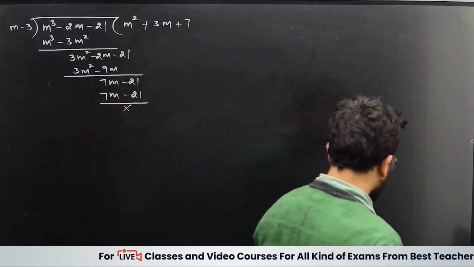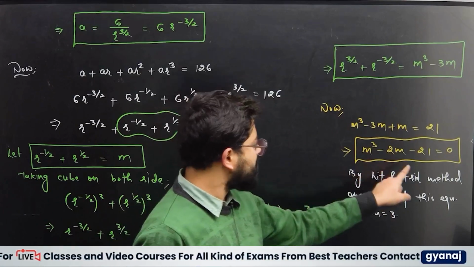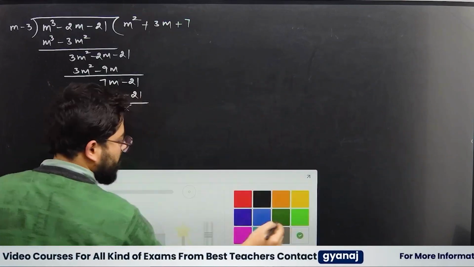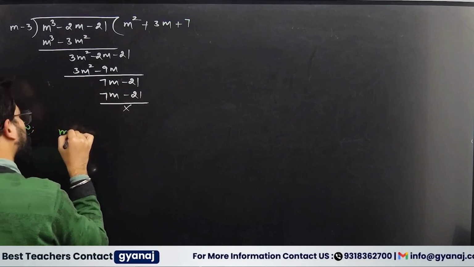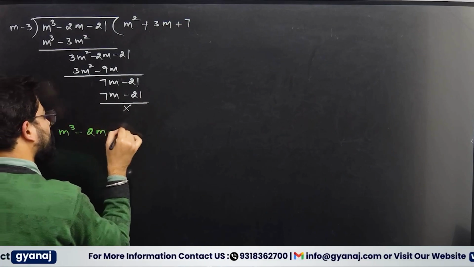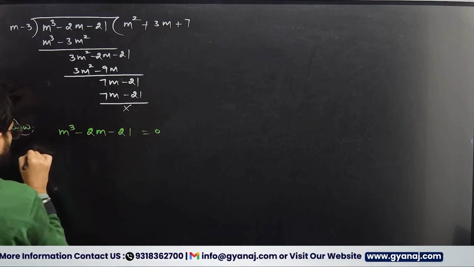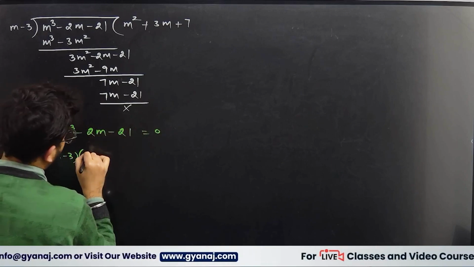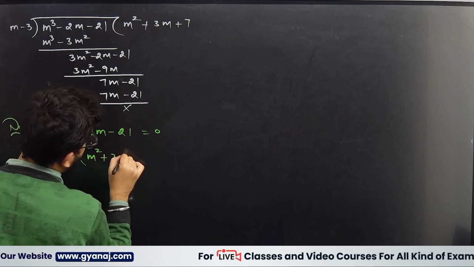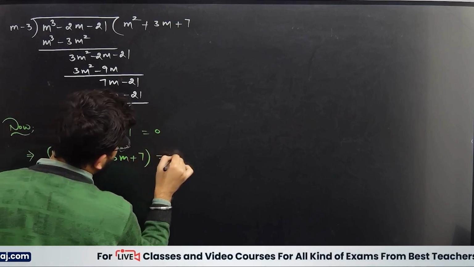So we can write m cube minus 2m minus 21 is equal to 0 as m minus 3 into m square plus 3m plus 7 is equal to 0.